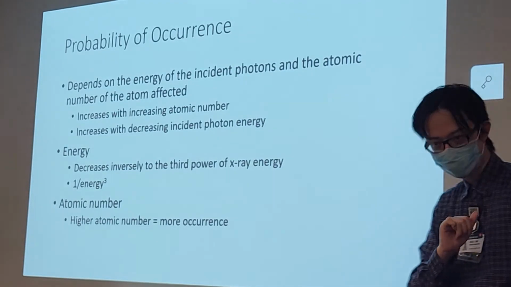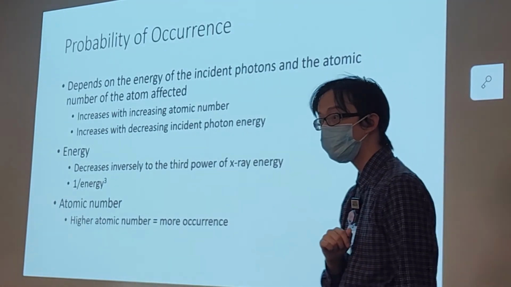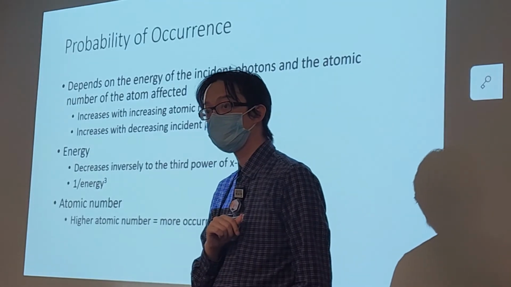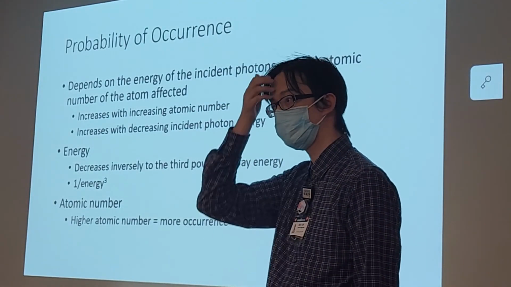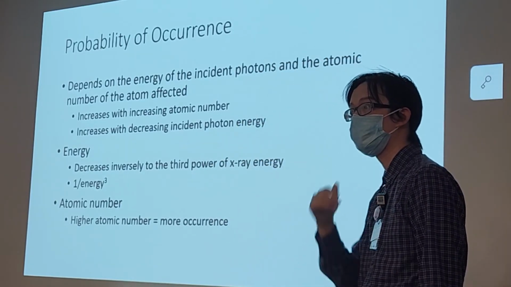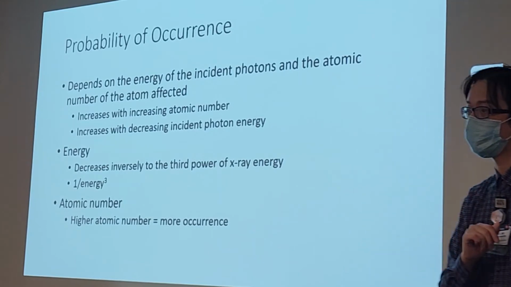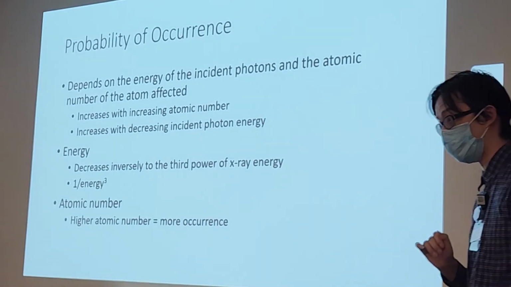Yes, Charles. Just to get a clear understanding: the lower the photon energy and the higher the atomic number, the higher the probability of this occurring. Very good. So let's take what Charles said and think about this practically.